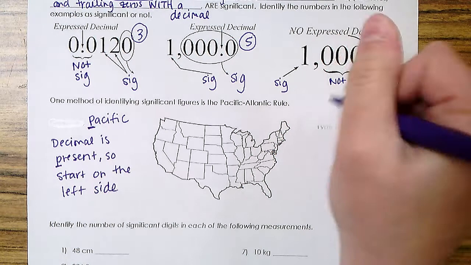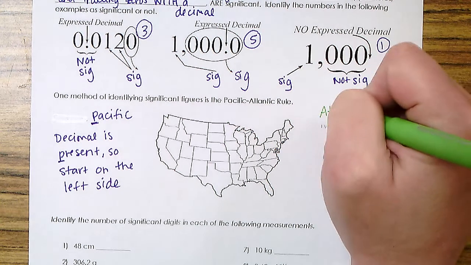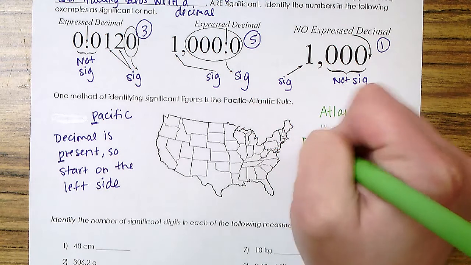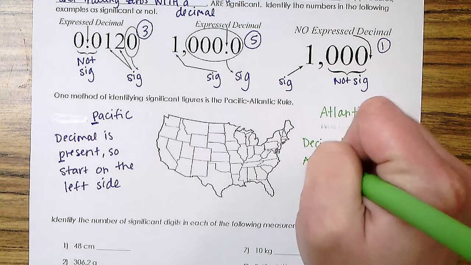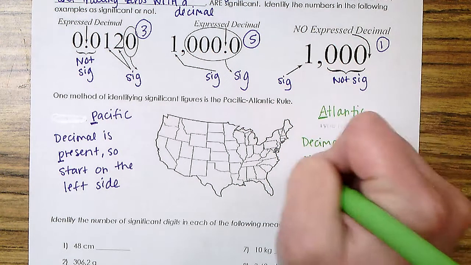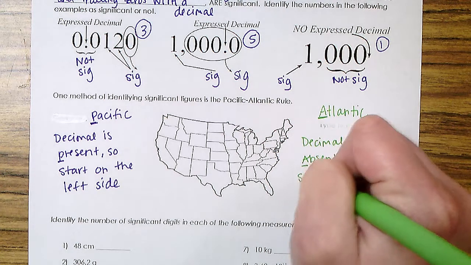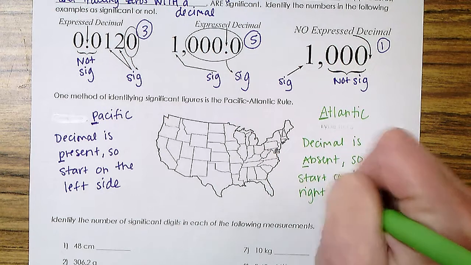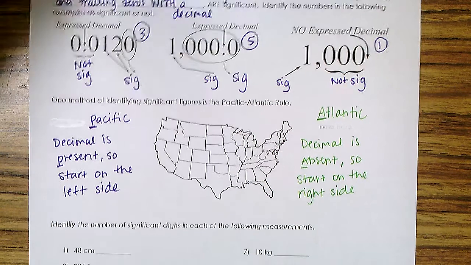Now the other option here is the Atlantic, and I'll do that one in a different color. So the Atlantic is if a decimal is absent. Atlantic, absent. So we start on the right side. So let's take a look at what that means here with some of our examples.